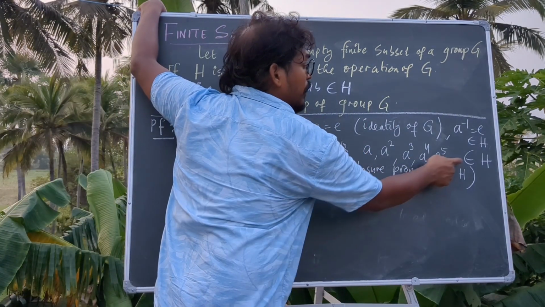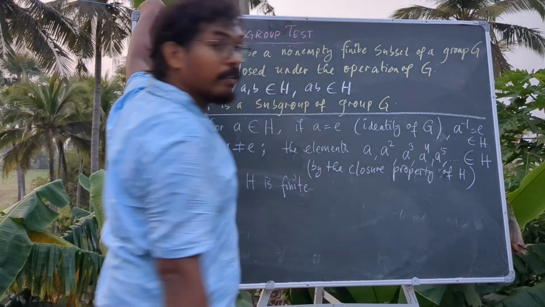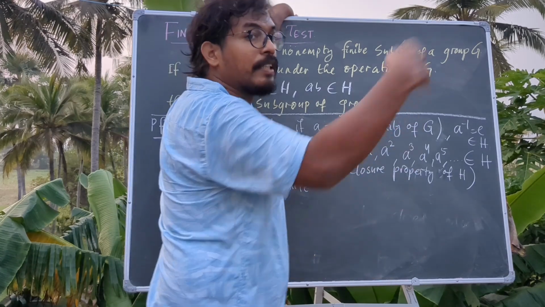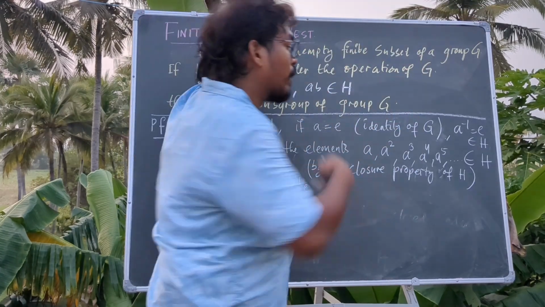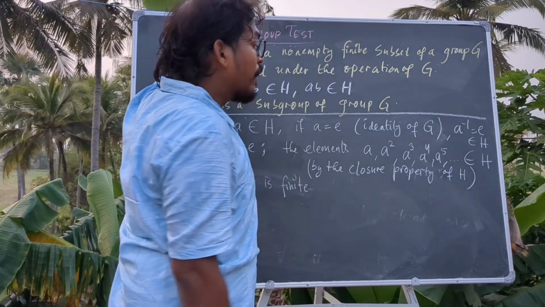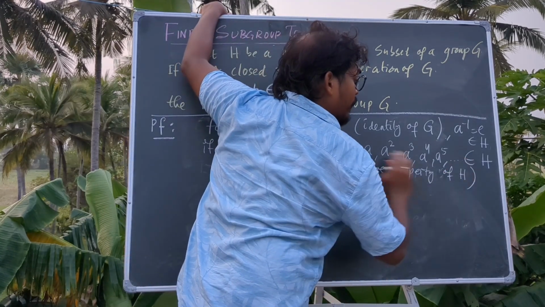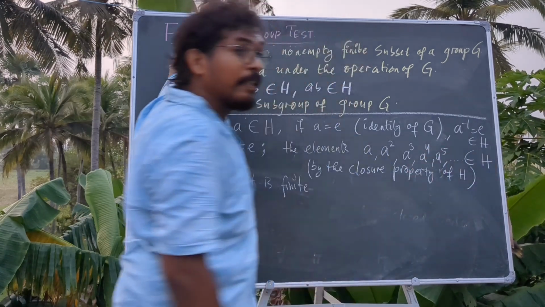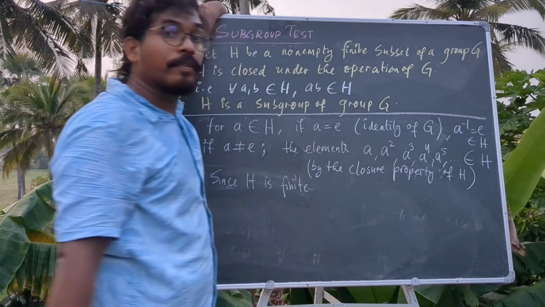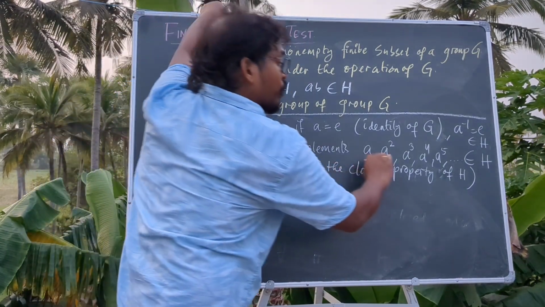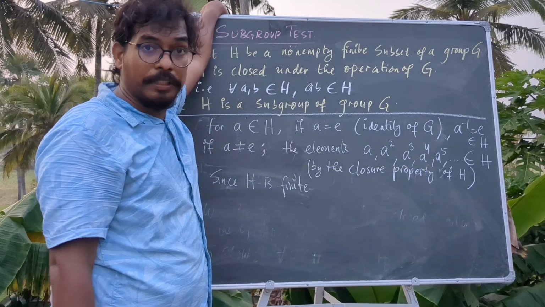Here we have infinitely many things, isn't it? We have powers of every natural number: 5, 6, 7, 8, 1000, all those powers. These are infinitely many. And if these infinitely many elements belong to the subset H and H is finite, so what happens? They must repeat themselves, isn't it?